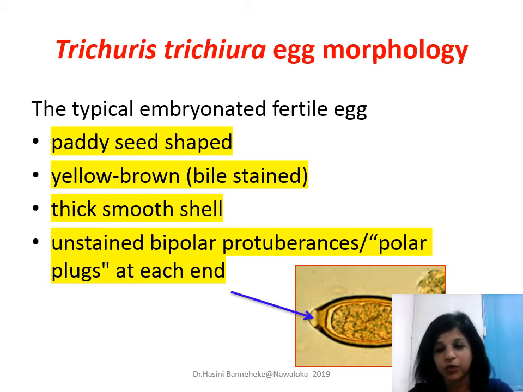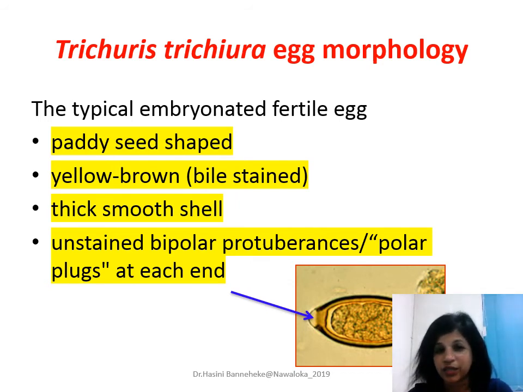The wall is smooth, but very thick, and at either corners, at the bipolar ends, there are clear plugs at the two ends. So with those you can recognize this as Trichuris trichiura.